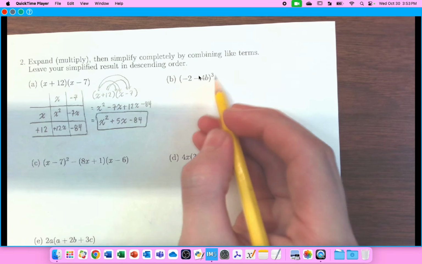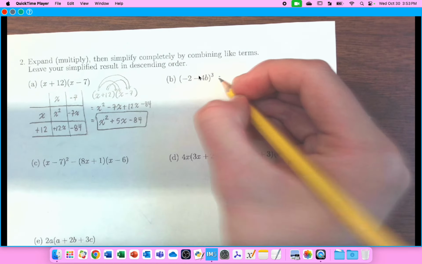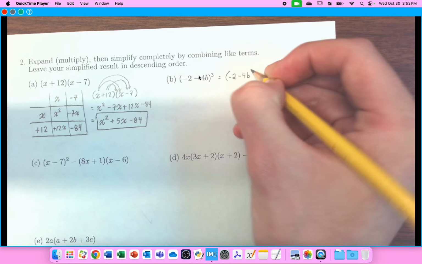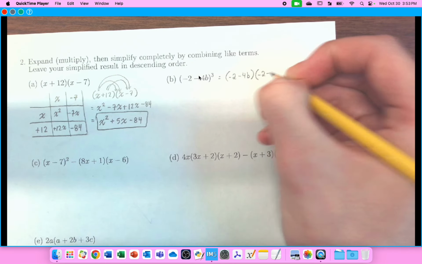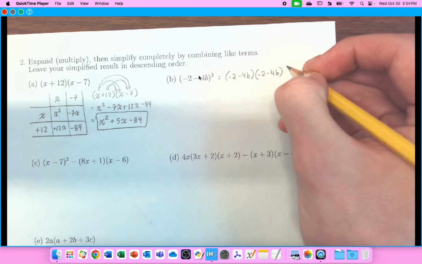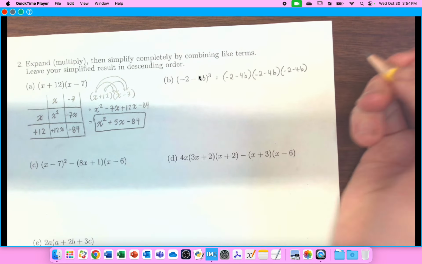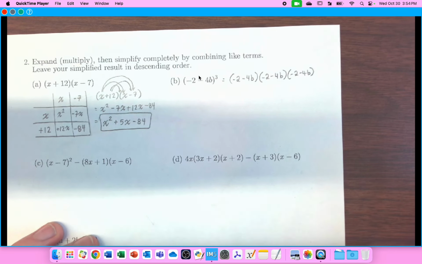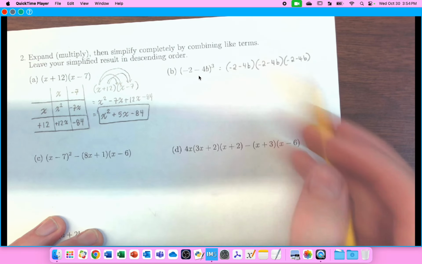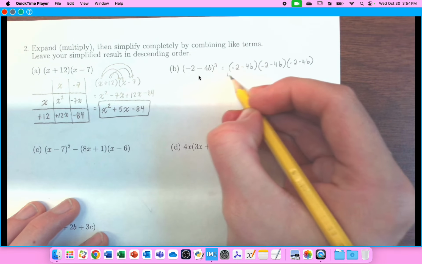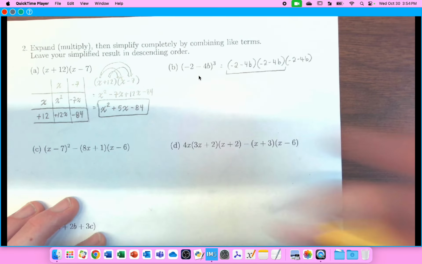Okay, so just remember, it's actually negative 2 minus 4b times negative 2 minus 4b times negative 2 minus 4b. So you can't multiply all of these at once. You have to take two of them and go step by step.